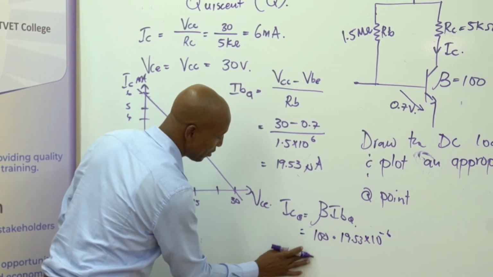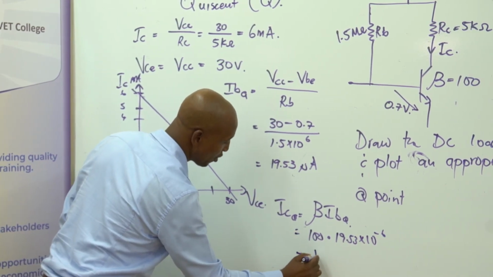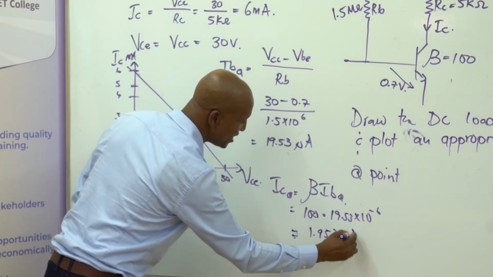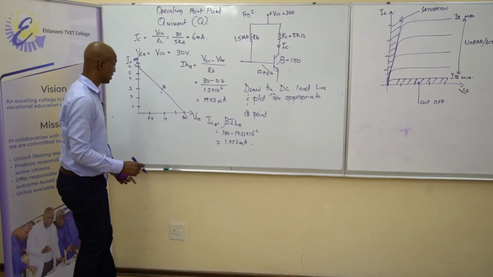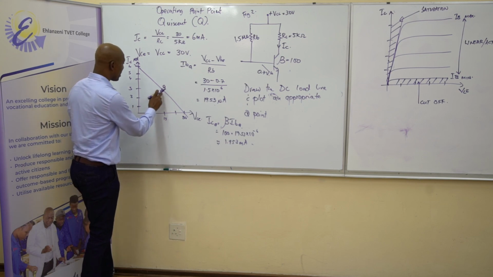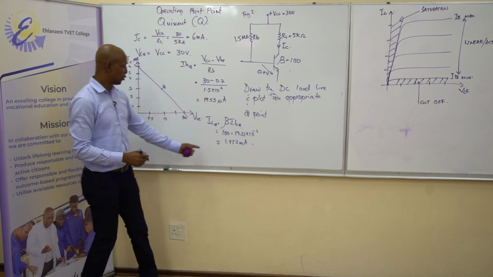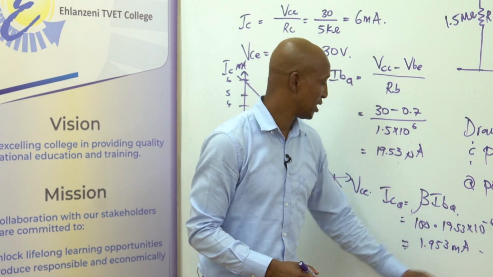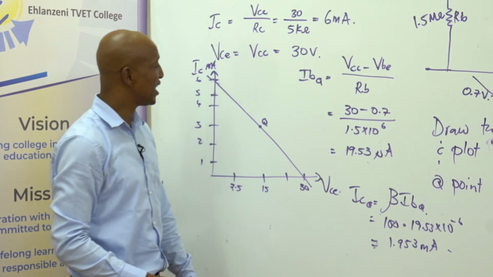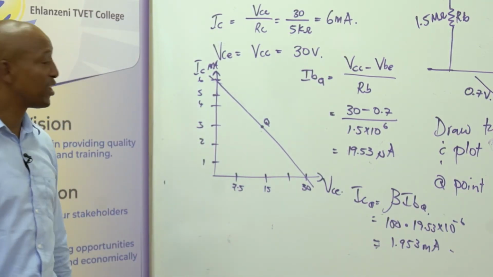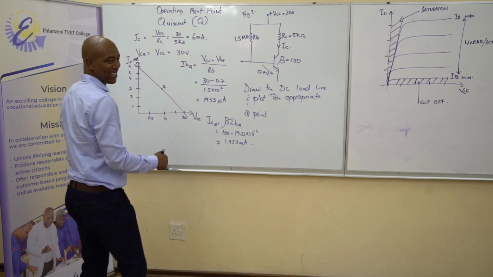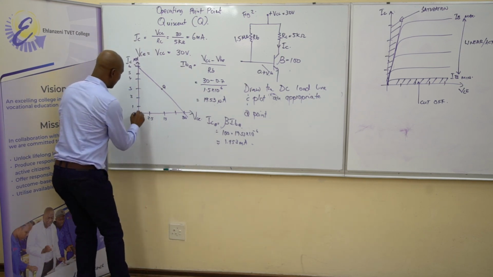This will bring our value of ICQ to 1.953 milliamps. If you punch your calculator, loads of indices. So for Q in IC, it will be 1.953 milliamps, and for Q in IB, it will be 19.53 microamps.